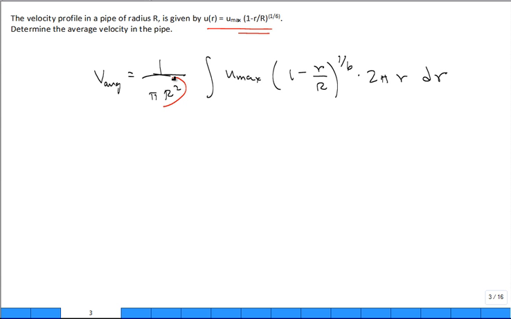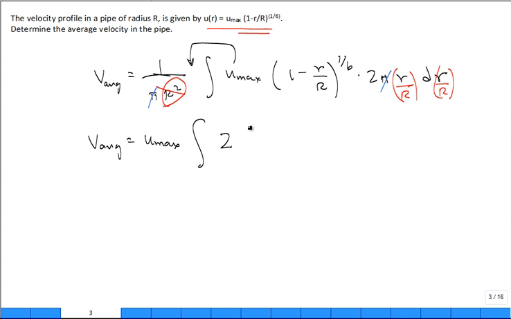Let's bring this R squared in here, and then let's cancel the pi, and so V average is equal to u max, take that outside the integral, times the integral of (1 minus x) to the 1/6 times x dx, where x goes from 0 to 1.